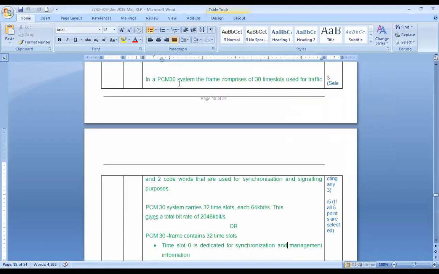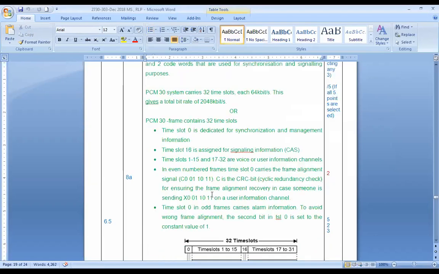Fine. In the PCM30 system, the frame comprises 30 time slots used for traffic and 2 code words that are used for synchronization and signaling. Now, synchronization, I have told you, right? It's important because it is intact with time.